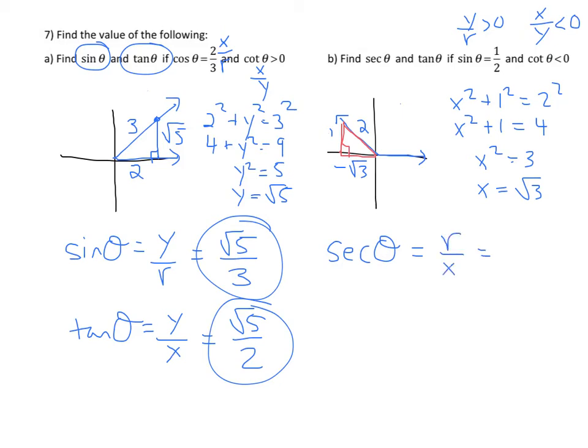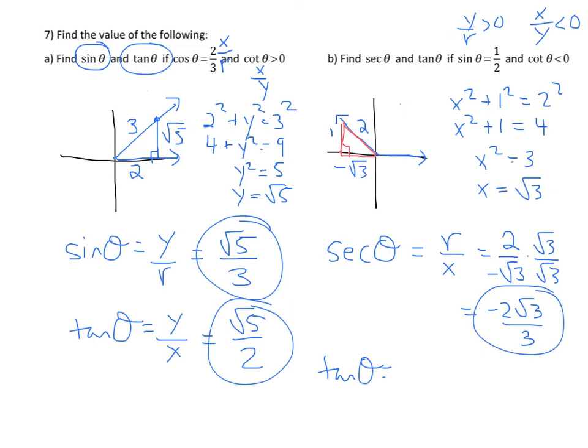So that would be 2 over negative radical 3, but I don't want to leave a radical 3 in the bottom, so I multiply by radical 3 over radical 3, and we get negative 2 radical 3 over 3, and then we need tangent theta, which is y over x, and that would be 1 over negative radical 3, again multiply by radical 3 over radical 3, and we get negative radical 3 over 3.